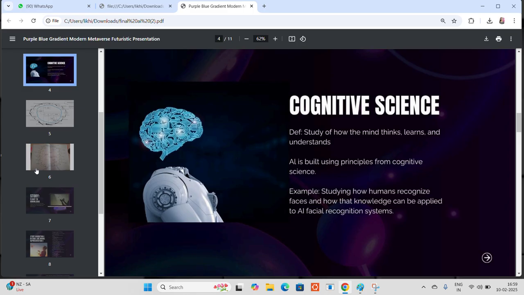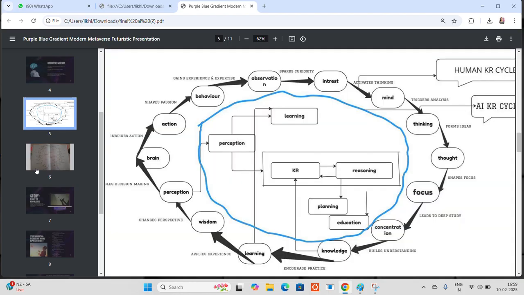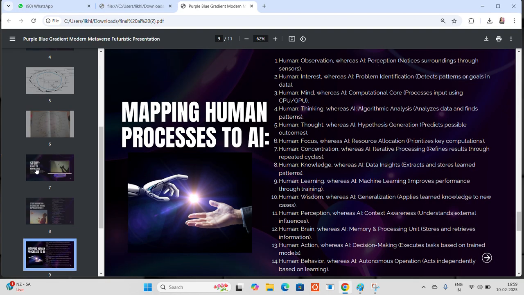Cognitive science is how the mind thinks, learns, and understands. This concept is applied to map human process to AI. Here we'll understand how, for example, in humans, we observe. Then what about AI? We will observe what AI will do. To understand this, we'll come one by one. Okay, see here.